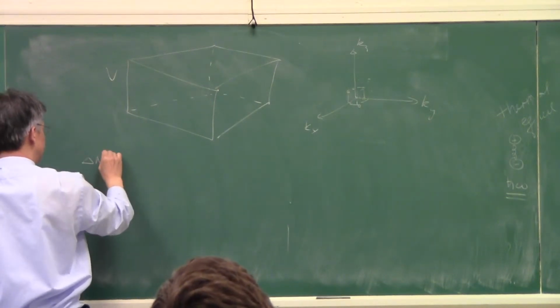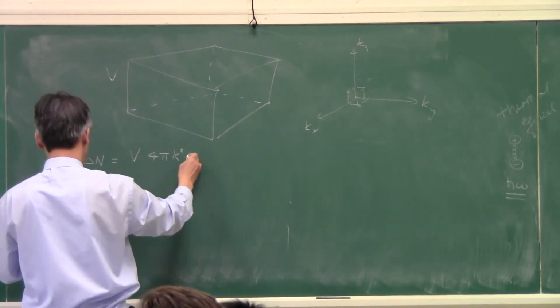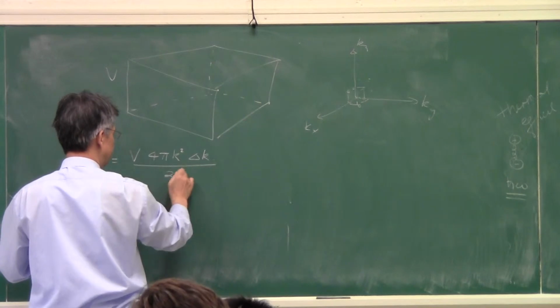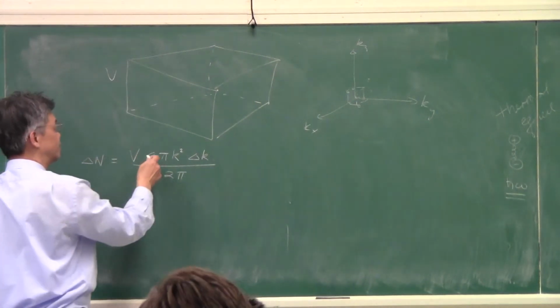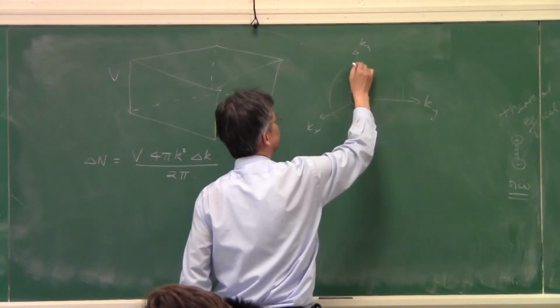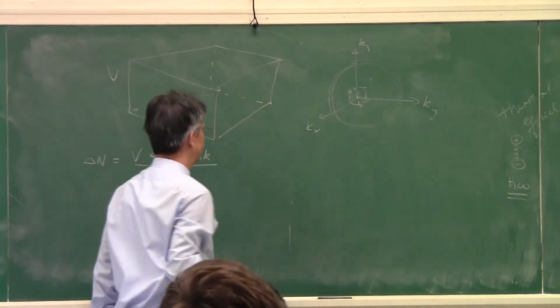We have done this quantization for electrons in the box before, but now it's photons in the box. This is like the number of states you can find in an annulus region, a spherical shell.